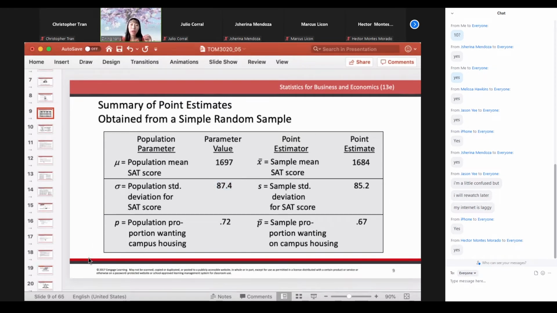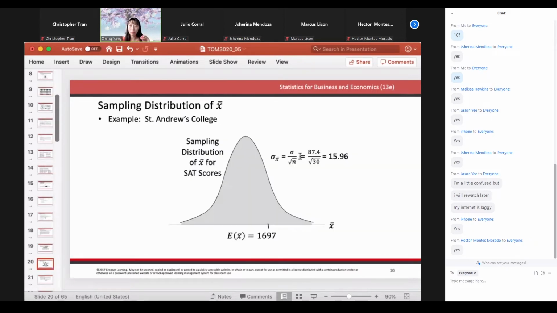So if we estimate from that sample of 30, the first thing is the change in denominator. Now the denominator is changed from sigma to sigma divided by square root n. So now the denominator becomes 15.96. Right, so that's the spread.